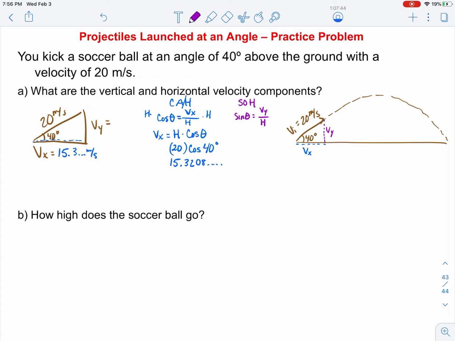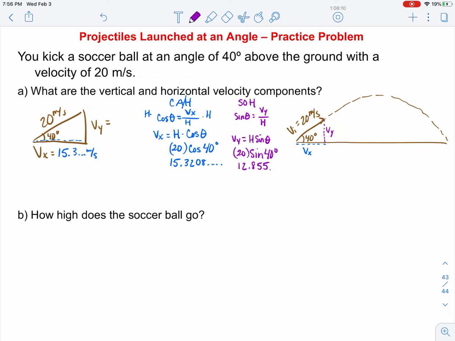Once again, I multiply both sides by the hypotenuse, and my velocity in the vertical direction is h times the sine of theta, which would be 20 times the sine of 40 degrees. When I put this in my calculator, I get something around 12.8.